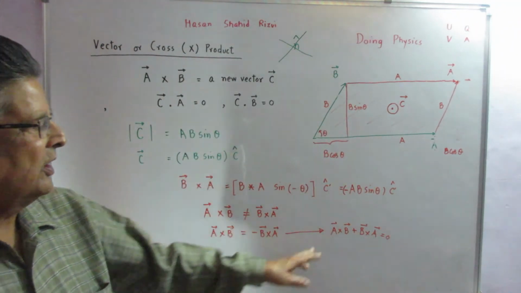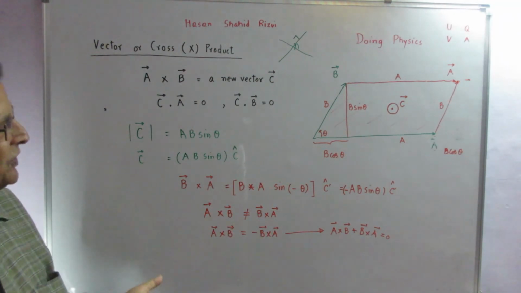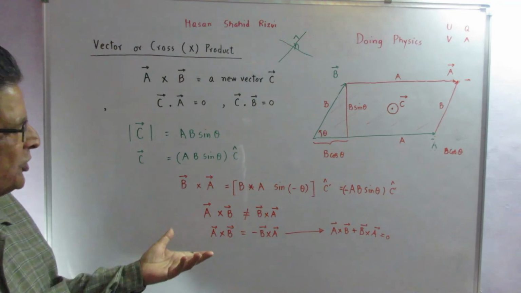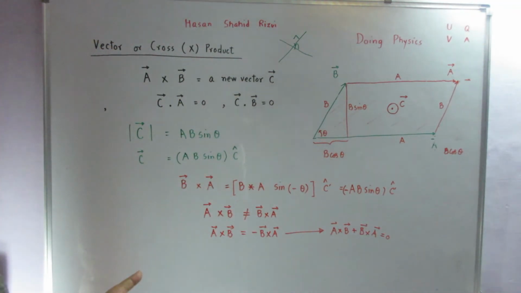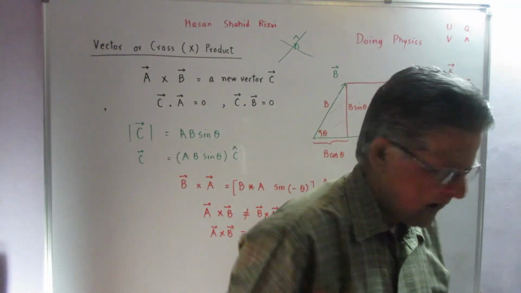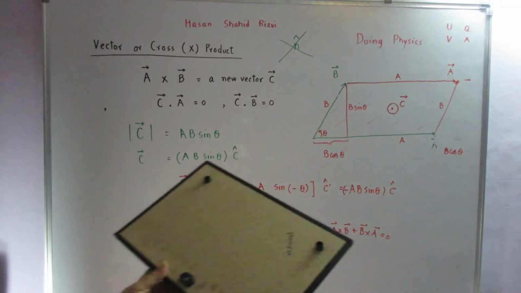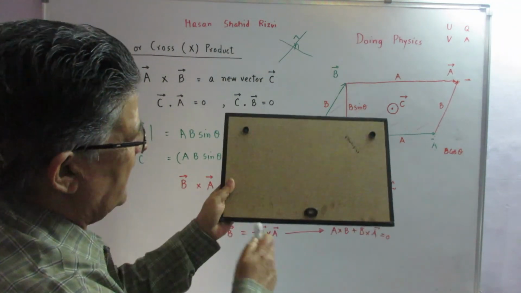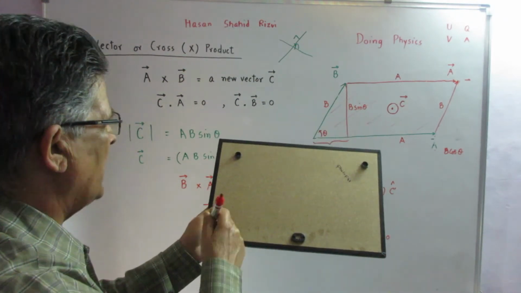So with that I will come back to you and show you how this cross product is useful, and to go ahead I'll tell you one very simple example. In this example I have a photo frame over here, and this is the length of the photo frame and this is the breadth.